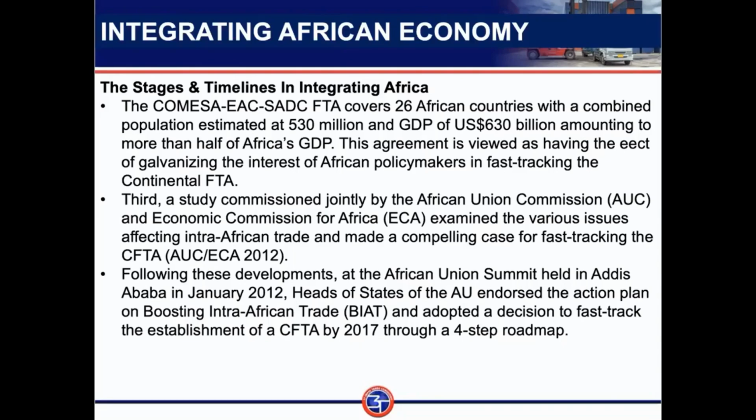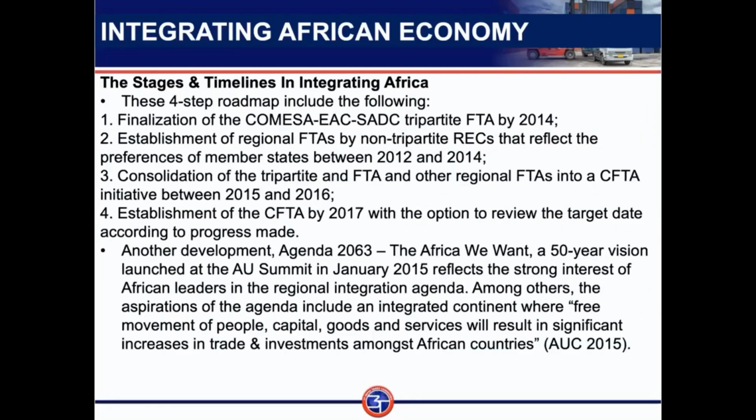Following this development, at the African Union Summit at Addis Ababa in January 2012, Heads of State of the AU endorsed the action plan on boosting African trade and adopted a decision to fast-track the establishment of the continental free trade area by 2017 through a 4-step roadmap. 1.